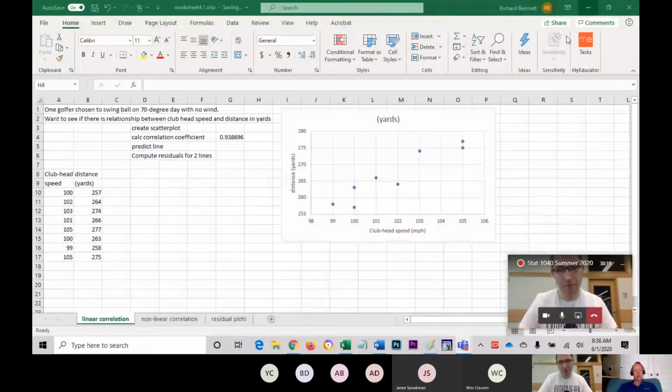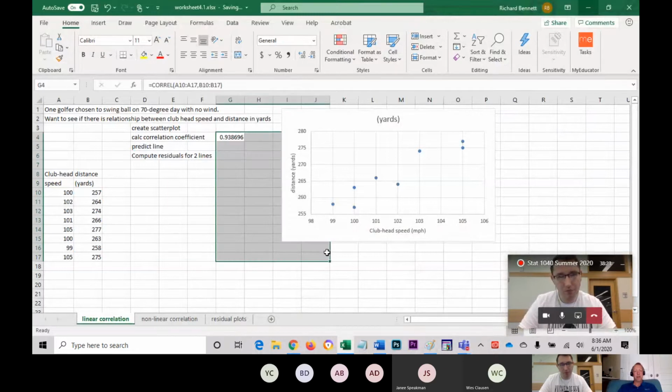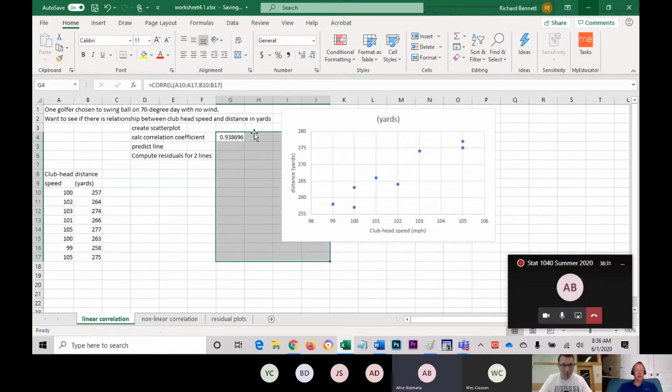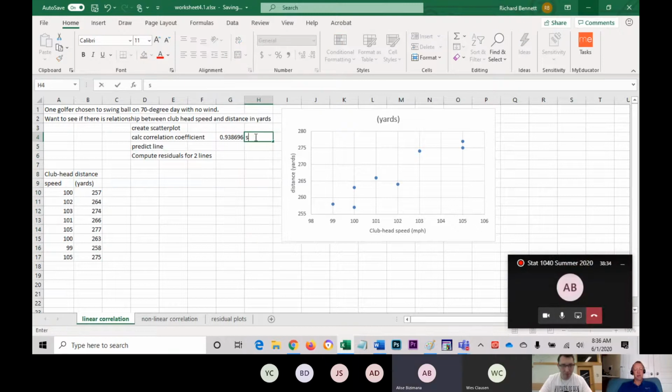Elise, would you say, based on this correlation coefficient here, strong, moderate, weak, or no correlation? That looks like a strong correlation. Strong because? Because the line seems to be straight. Okay, and what else?